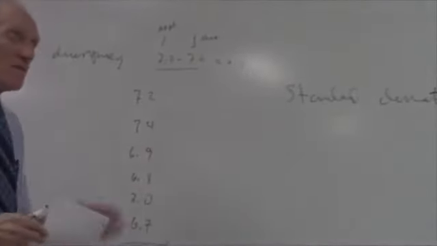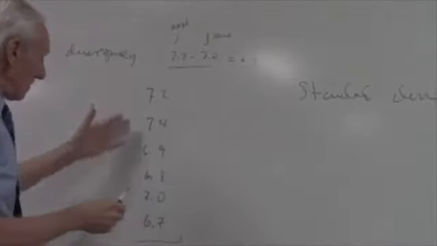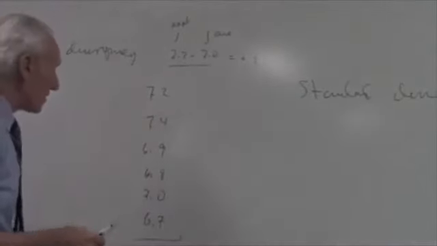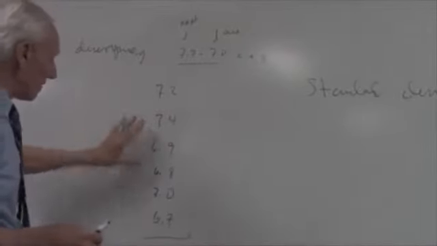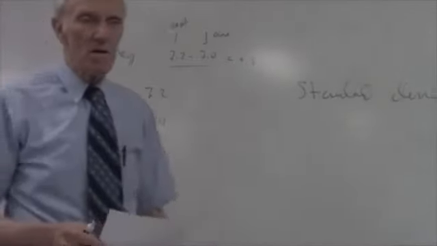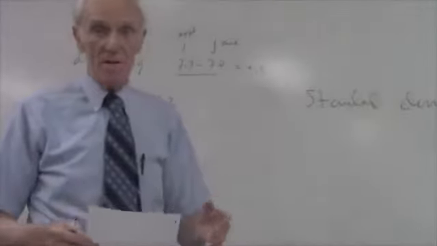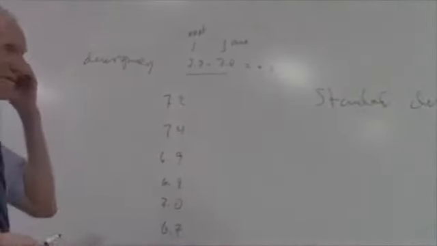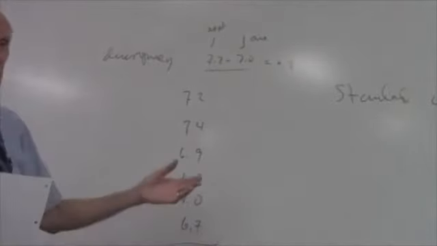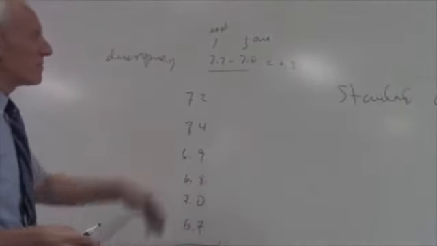Now, if you take all these discrepancies and add them all up, the ones that are above the average and the ones that are below average are going to basically cancel out. They're going to add up to 0, and so that's not going to give you anything, because that will always happen when you do this.